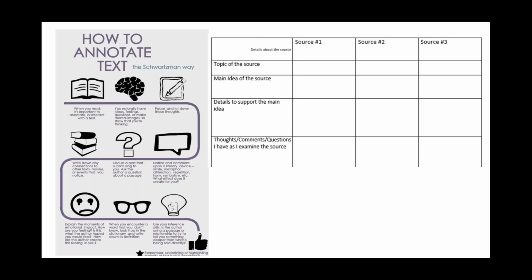I also spend time teaching my students how to annotate text. When I taught elementary school, I used to call it sticky note reading. I would have an anchor chart with all the different symbols: a question mark where they would question, a smiley face if they loved something, or a heart, or an angry face. We did a lot of emojis before they were emojis, I guess.